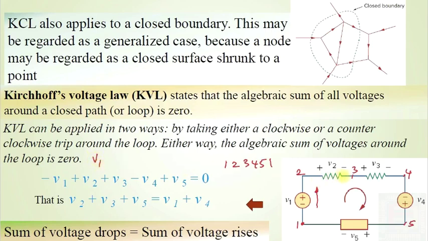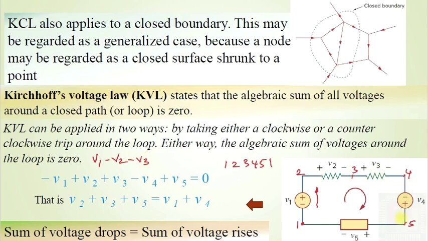Similarly, you are meeting a drop in potential. If you consider a rising potential as positive, the drop in potential should be taken as negative. So it will be minus V2. And here also, if you travel from node 3 to node 4, you are meeting a drop in potential, so it will be minus V3.